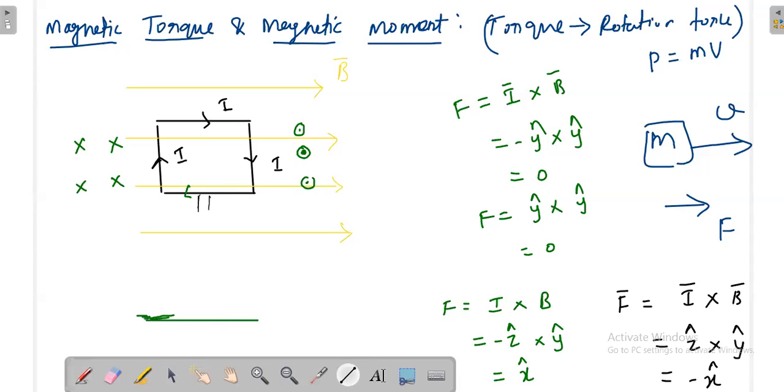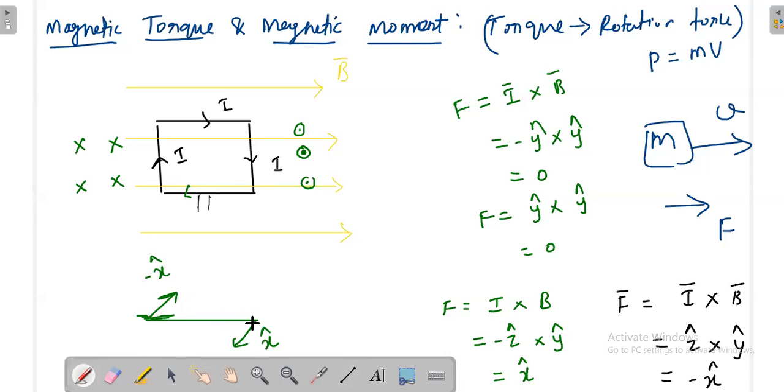If it is like this, on one side the force is going this way, in the direction of minus x cap, and on the other side the force is coming this way, in the direction of plus x cap. It makes some kind of rotation.